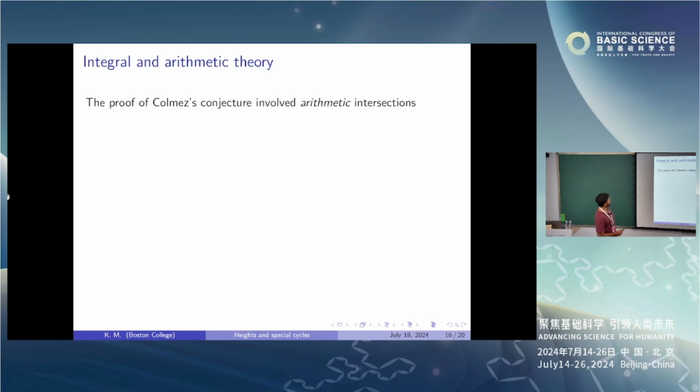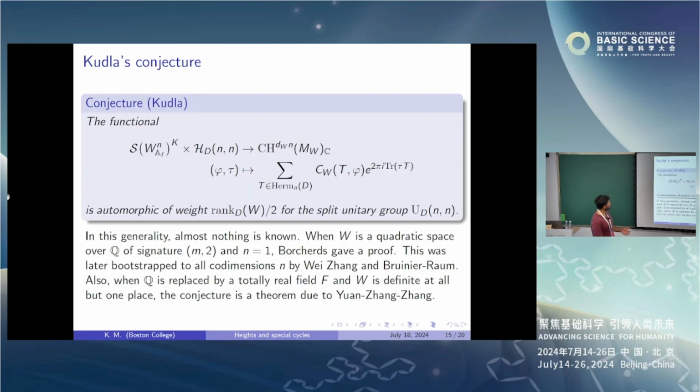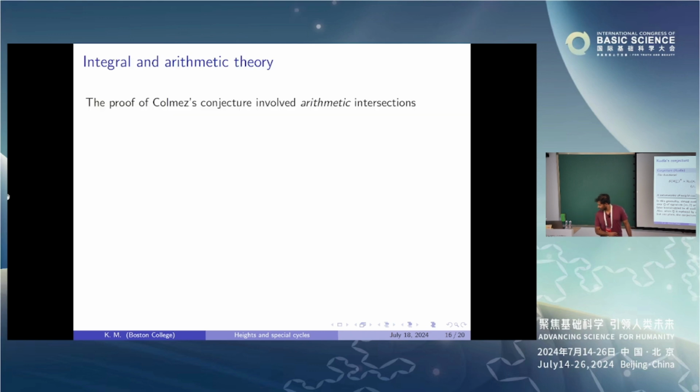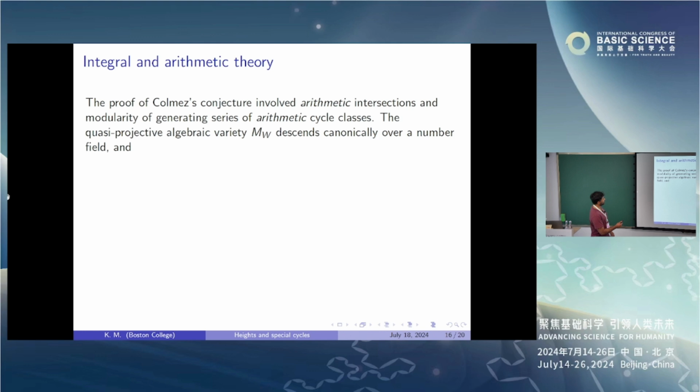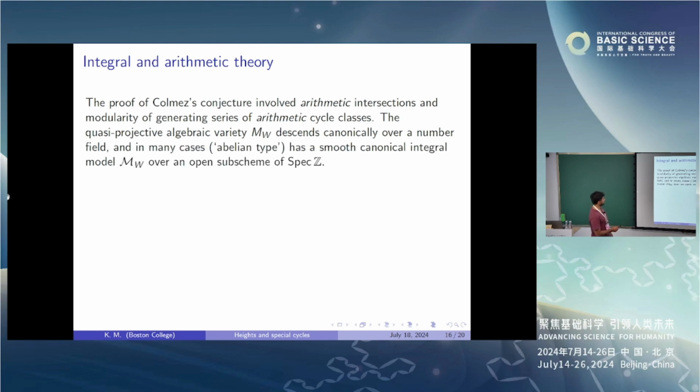But if you think back to when I said we had this arithmetic series that was modular. So this is all a geometric theory. In fact, this theory in this way I've done it over the complex numbers. But there is a, let me just kind of, okay, blah, blah, blah. So this Shimura variety, so this quasi-projective algebraic variety, it actually descends over a number field.